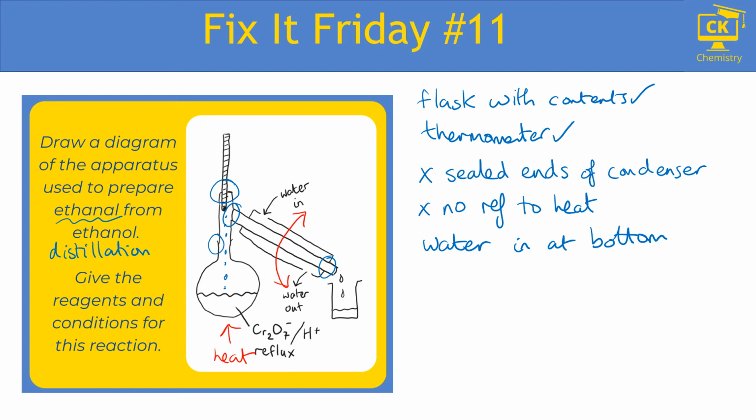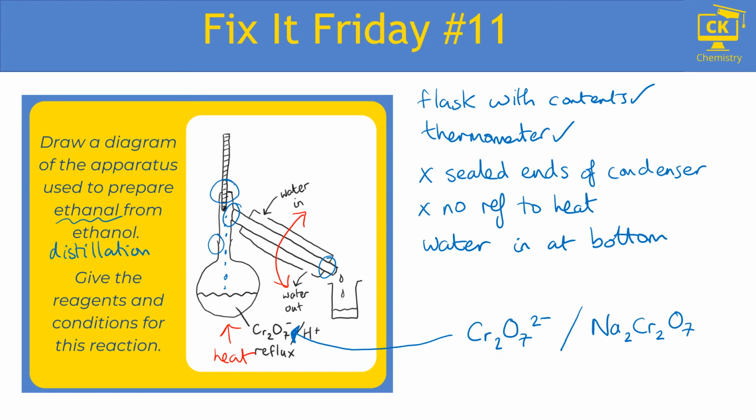But the second part of this question asks for reagents and conditions. So very tricky one to spot, easy mistake to make. So if you are going to use formulae, make sure you know the formula very well, because dichromate ions have a 2- charge, which you would know if you remembered the formula, for example, for sodium dichromate, Na2Cr2O7, 2 Nas because the dichromate has a 2-, or you could have K2Cr2O7, or there is nothing wrong with simply writing dichromate.